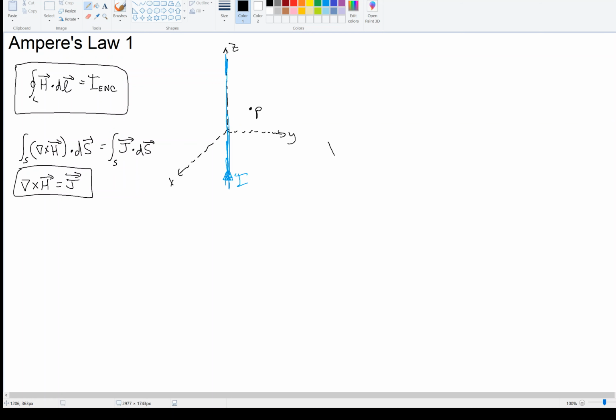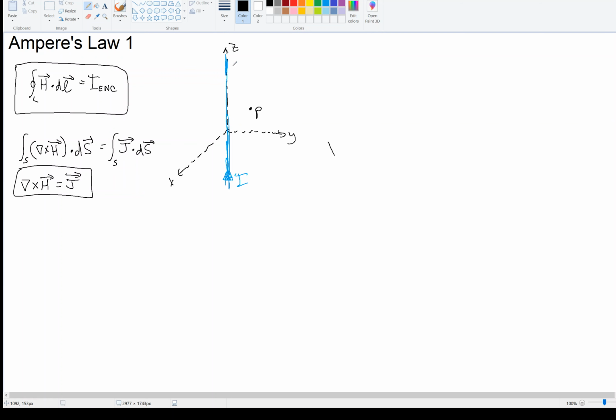Now, in order to apply Ampere's law, I can pick the path L, and I'm going to pick it strategically. I would like to pick the path L so that the magnetic field is constant in magnitude everywhere on the path, and everywhere on the path the direction of the magnetic field is either normal or tangential.